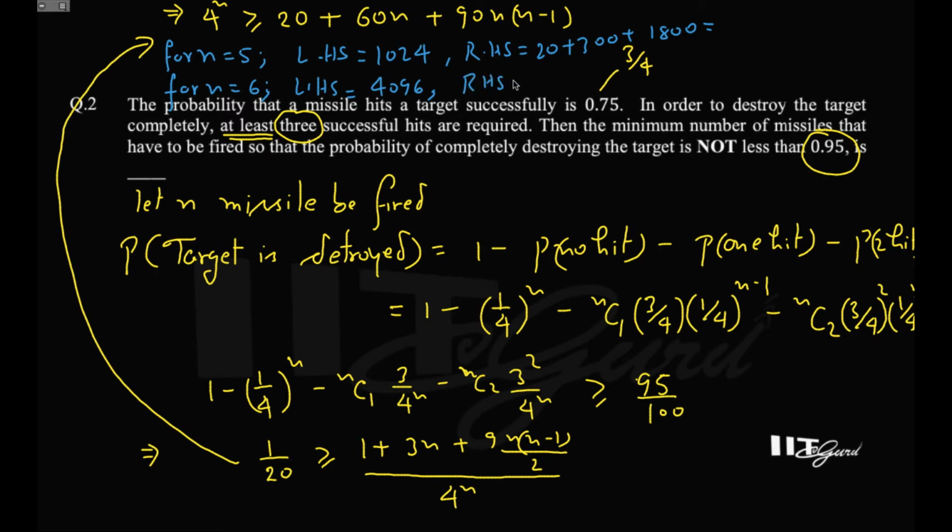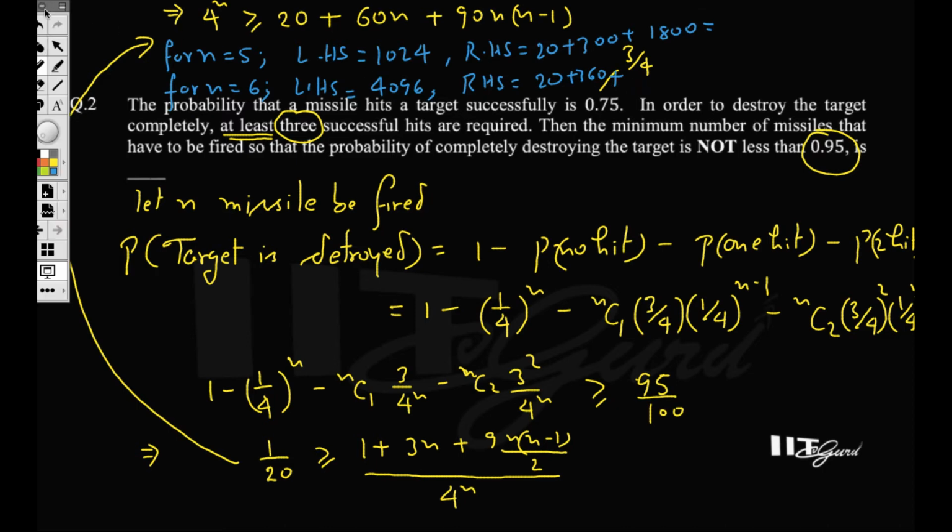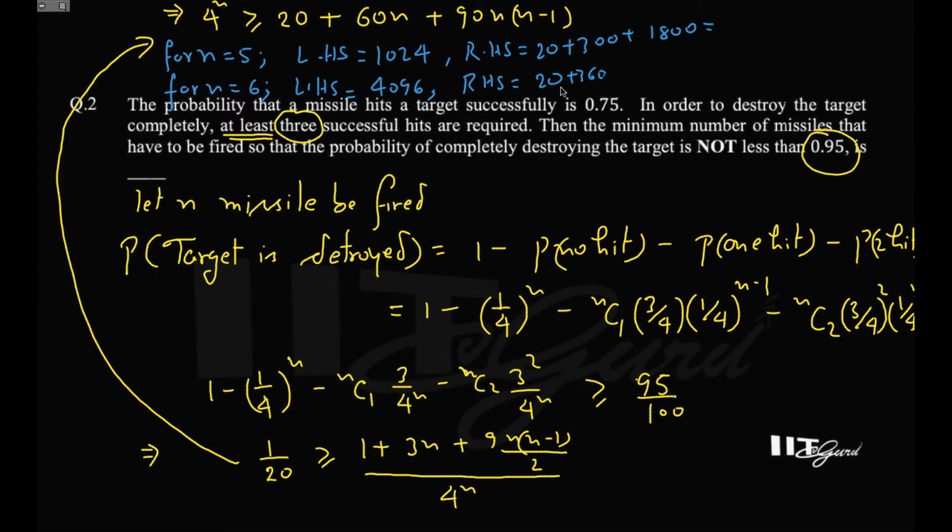That is 20 still, and when you put 60 times 6, that is 360, and then plus 90 times n minus 1.